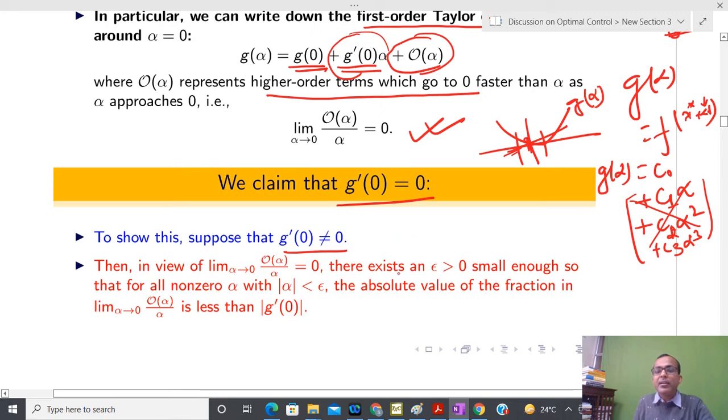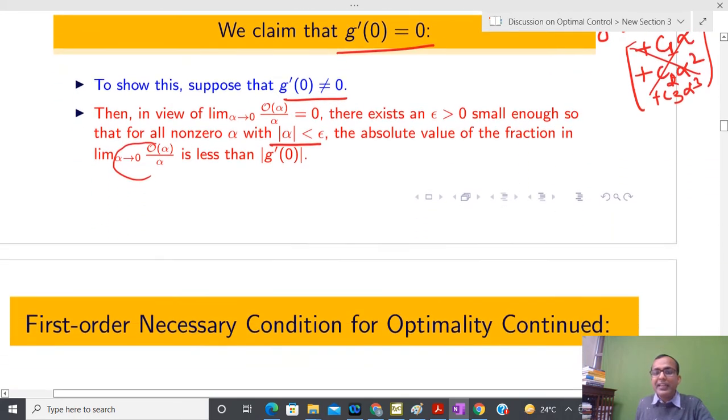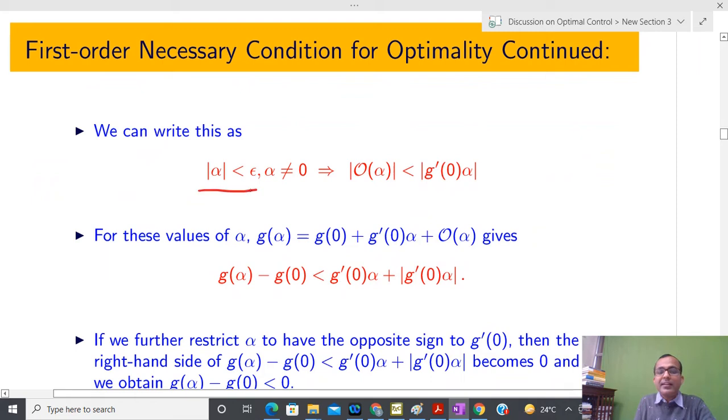It means that for every epsilon that is small enough, if alpha is less than epsilon, then this particular quantity is less than g dash 0. Mathematically, if I select alpha very small, it means that if x star is here, I have constructed some kind of ball, and here I have taken some vector d and alpha, and I am varying alpha such that I have created this neighborhood.